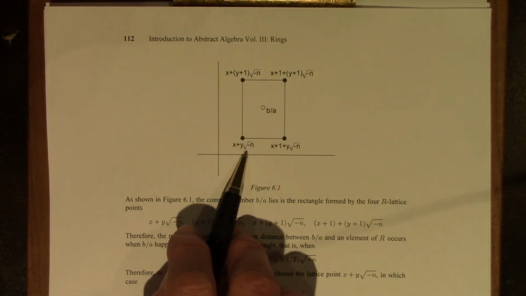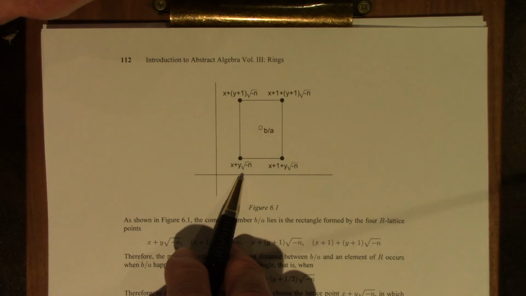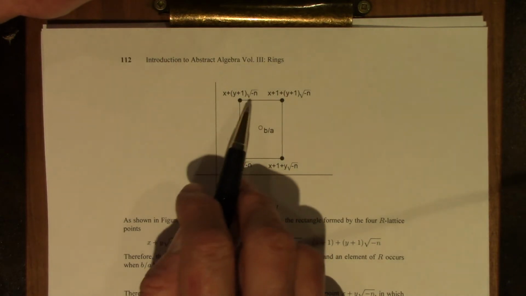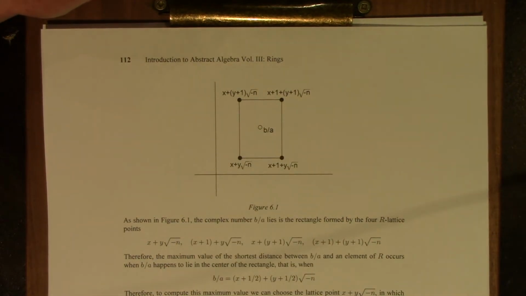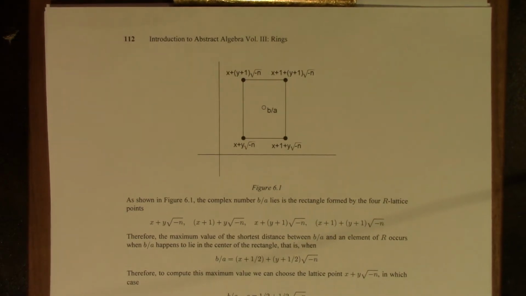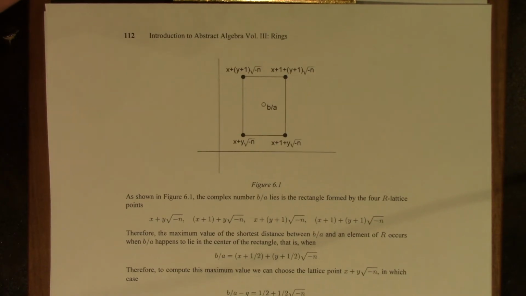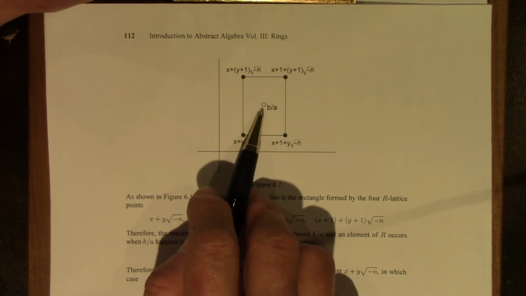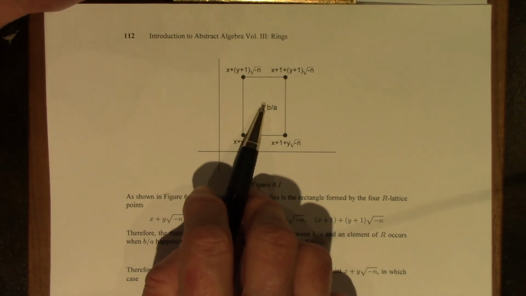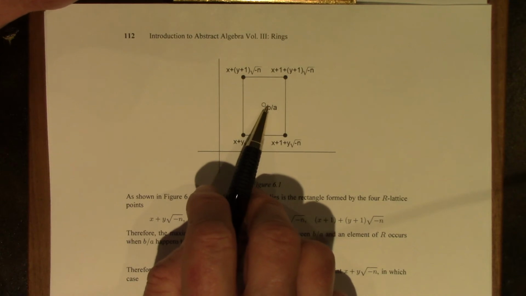So x plus y square root negative n is in R, so is this one, and this one. b over a is inside one of those rectangles, let's say this one. Therefore, the maximum value of the shortest distance between b over a and an element of R, the maximum shortest distance will occur when b over a is right smack in the center of this rectangle.